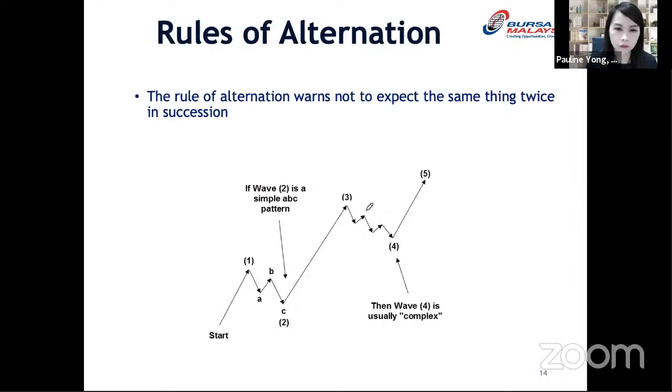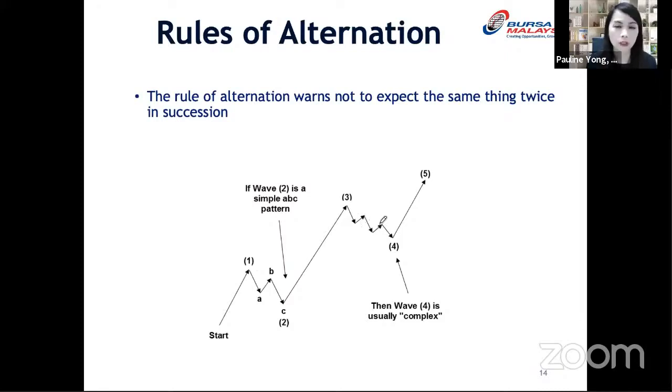So maybe this rule of alternation is saying that we should expect things to be different, because the stock market is not predictable in a sense. Sometimes you can have this pattern, and sometimes a different pattern, and you don't expect the same pattern.